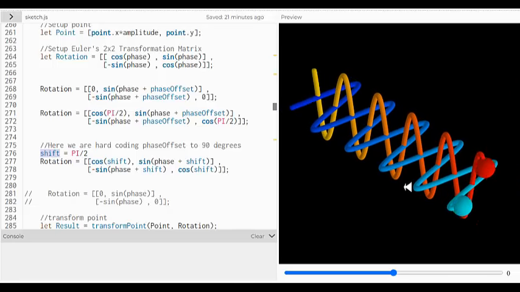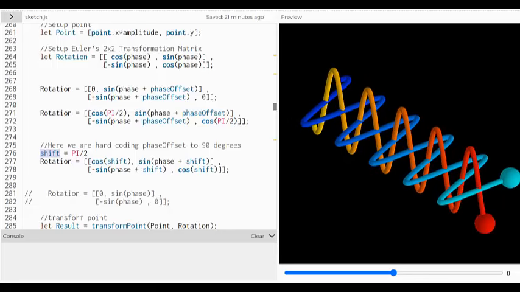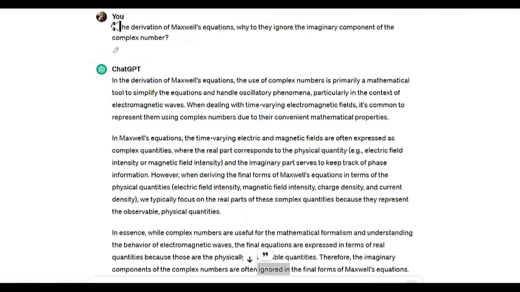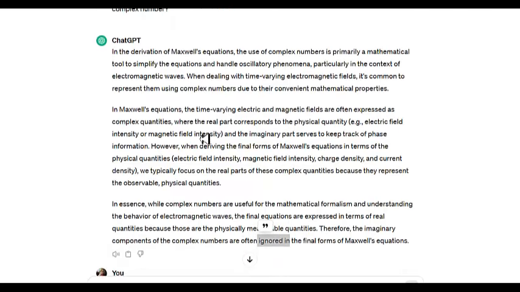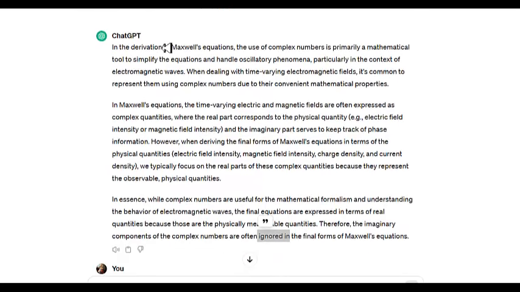So what I did was I asked ChatGPT. Okay, so this is me asking the question, in the derivation of Maxwell's equations, why did they ignore the imaginary component of the complex number? And so ChatGPT answers, in the derivation of Maxwell's equations, the use of complex numbers is primarily a mathematical tool to simplify the equations and handle oscillatory phenomena, particularly in the context of electromagnetic waves.